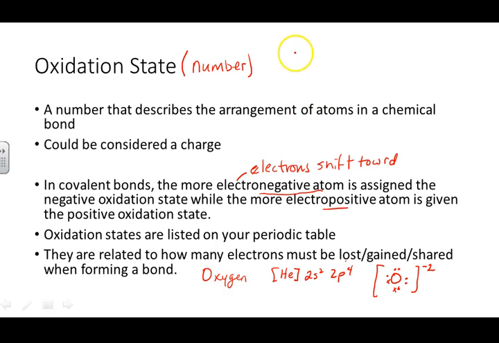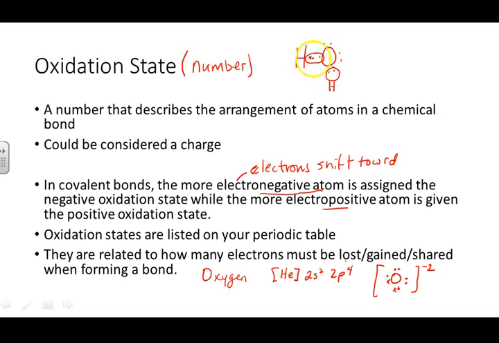Well, if we have something like hydrogen, which has 1 electron, and an oxygen, which has 6 electrons, then we have a shared pair here, and we can add another hydrogen here to give a shared pair.